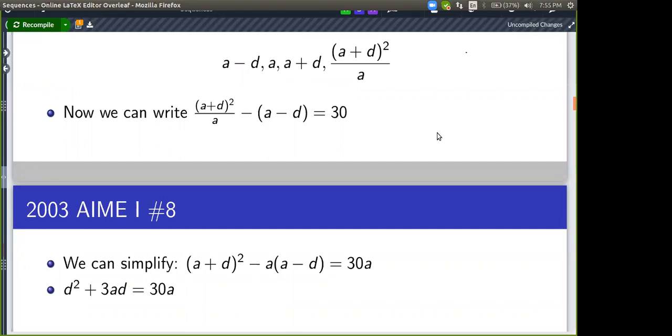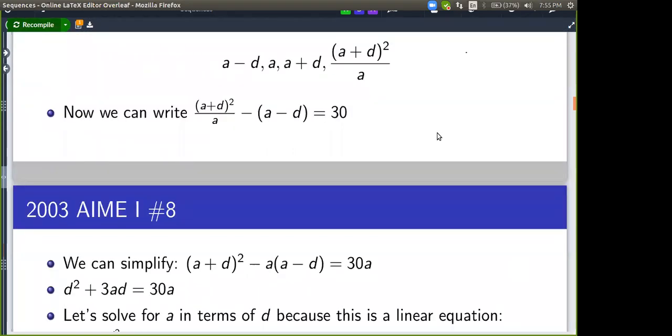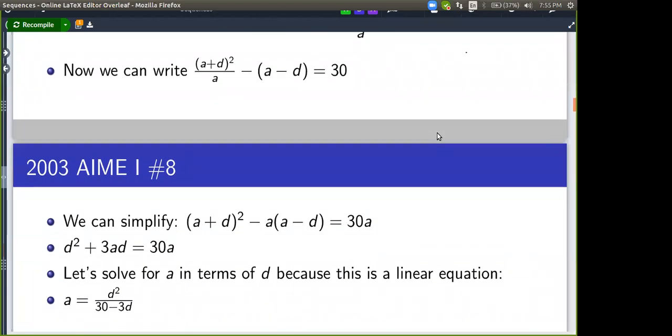Let's solve for a in terms of d. If we do that, then we get this expression. a has to be d squared over 30 minus 3d. Now, this is very helpful because we know that both a and d have to be positive integers, since all terms of the sequence are positive integers.